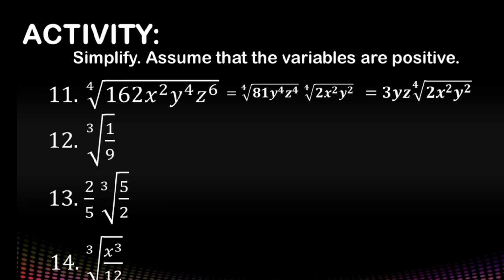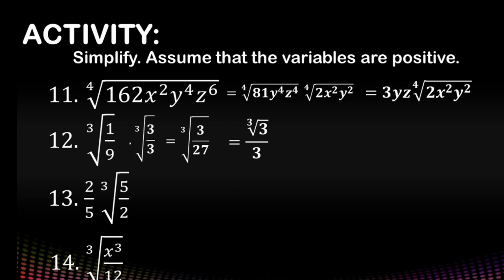Next we have the cube root of 1/9. So we need to rationalize our denominator by multiplying the numerator and the denominator by the cube root of 3 over 3. So therefore, we have the cube root of 3 over 27, which gives us the cube root of 3 over 3.